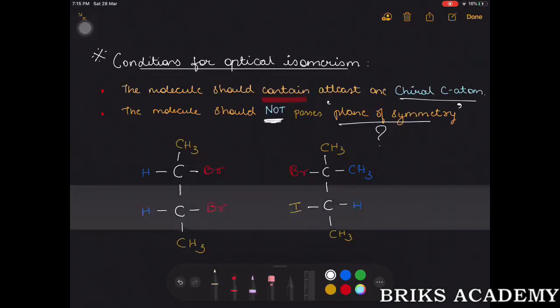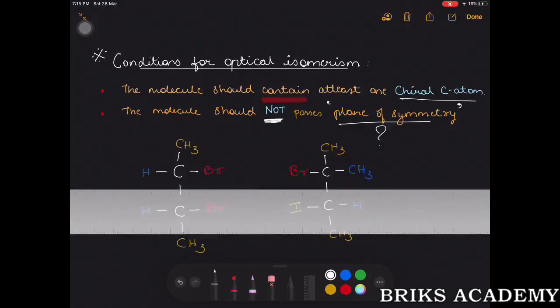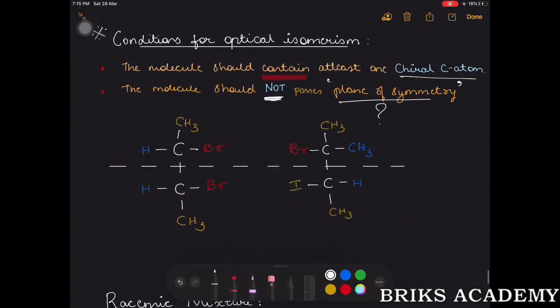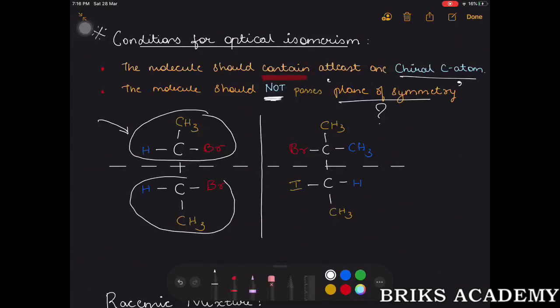When you compare these two compounds and draw a plane of symmetry, or a line which intersects both the compounds in the middle, you can notice that in the first compound, the upper part of this compound is the same as the lower part of the compound. That is, this part is the same as this part.